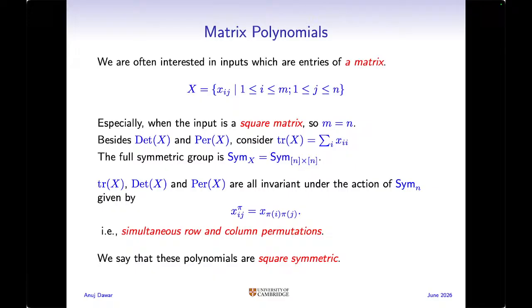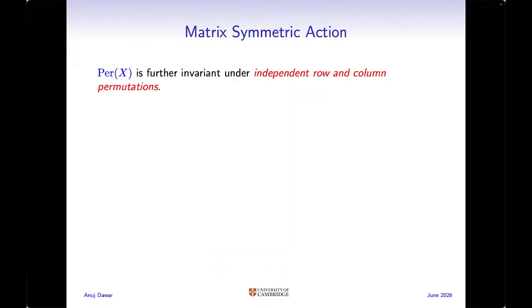Okay. So this is kind of the basic motivating example where the full permutation group on the set of variables is much too rich. So we're looking at what is effectively a small subgroup, there's still the symmetric group on n, for which these polynomials are invariant. In fact, if you look at the permanent, you can apply any permutation to the rows and any permutation to the columns.